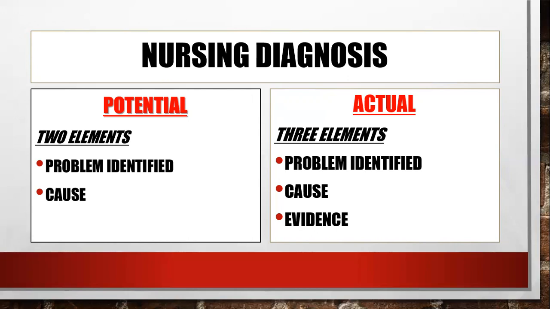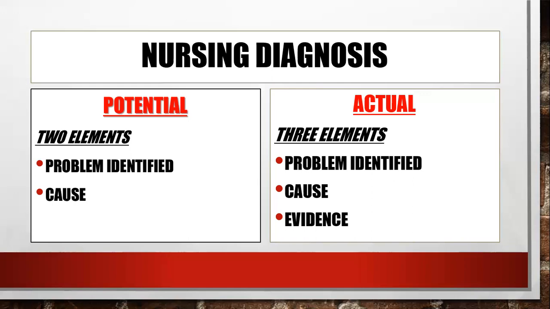There will be no evidence because this problem has not yet occurred. So your write-up for the nursing diagnosis under a problem that is a potential problem in nature will just have two components. I'll try to write something underneath so that you're able to actually follow.